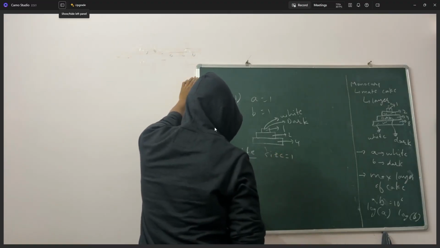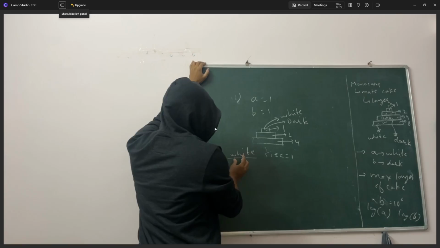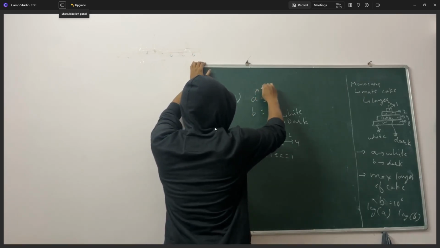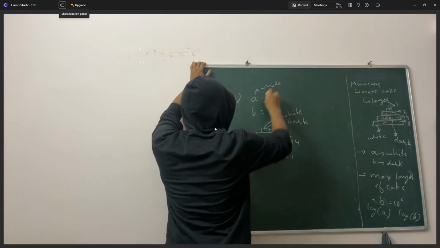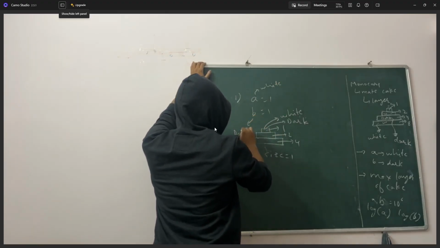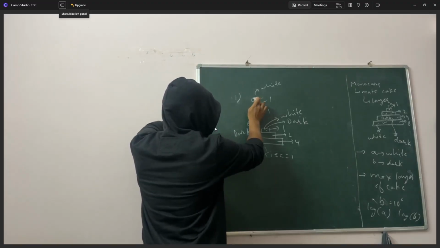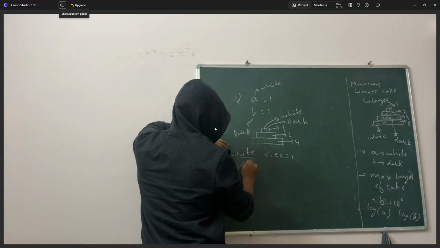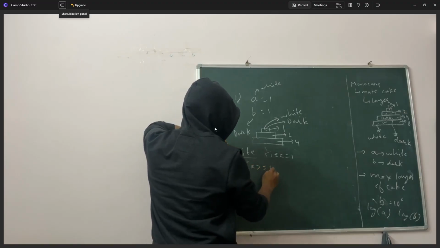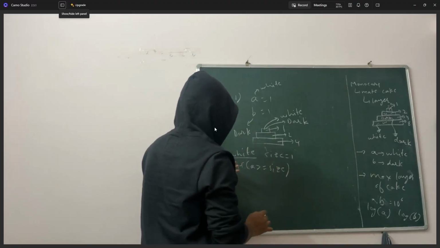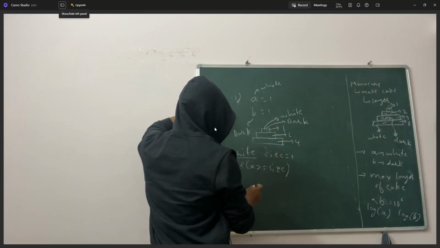This is the white chocolates quantity, this is the dark chocolates quantity. You need to check if A is greater than or equal to size, then you can make that white layer. A is 1, size is also 1, so you can make that layer.